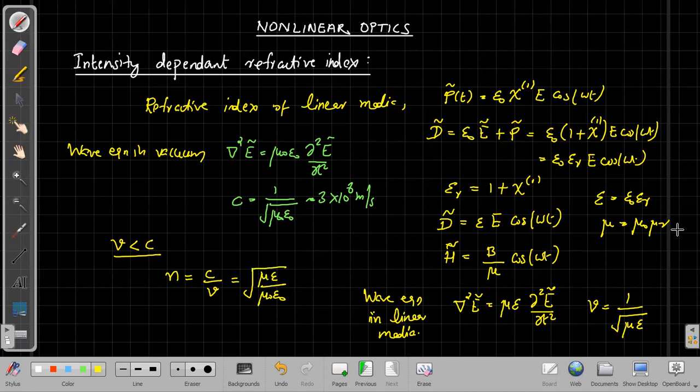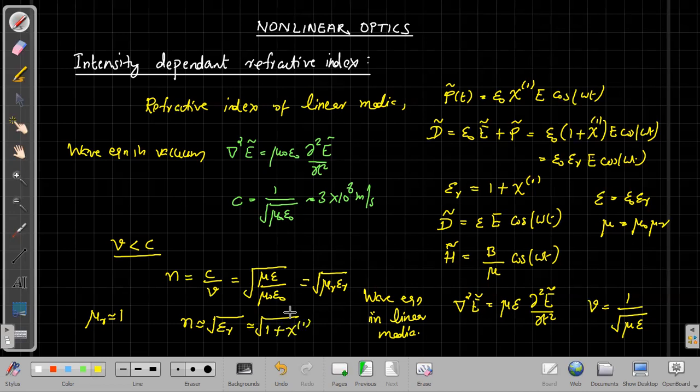Now mu is mu 0 mu r and epsilon is epsilon 0 epsilon r, so mu 0 epsilon 0 cancel, and you get the square root of mu r epsilon r. For most magnetic materials mu r is approximately 1, and hence the refractive index is approximately the square root of epsilon r, which is approximately the square root of 1 plus chi 1.